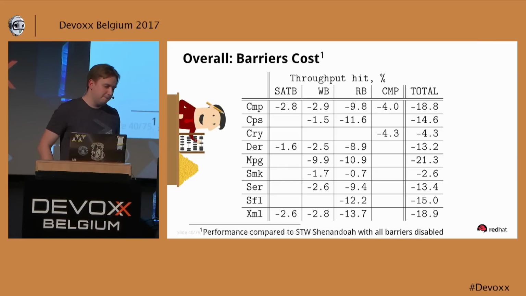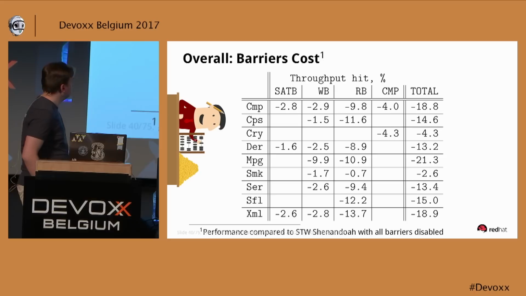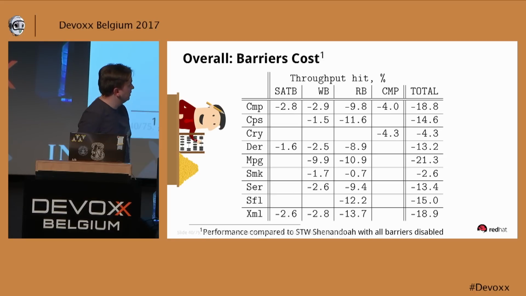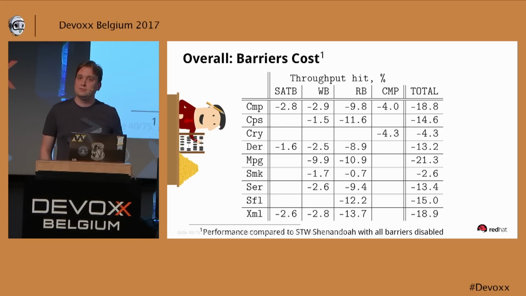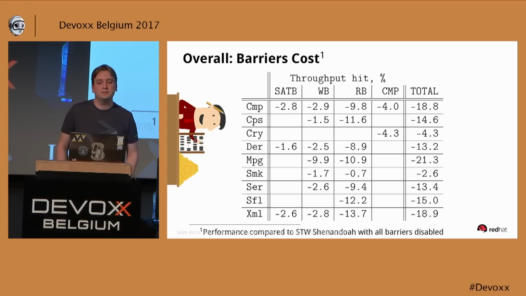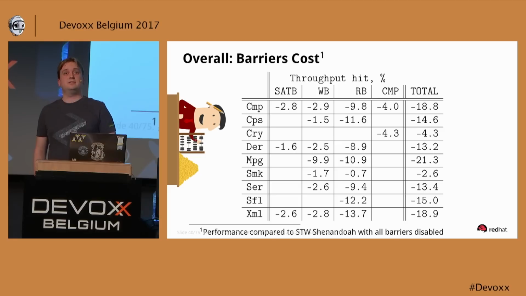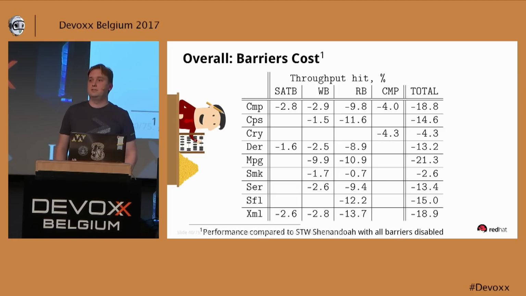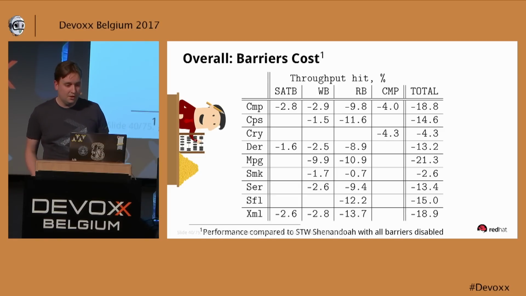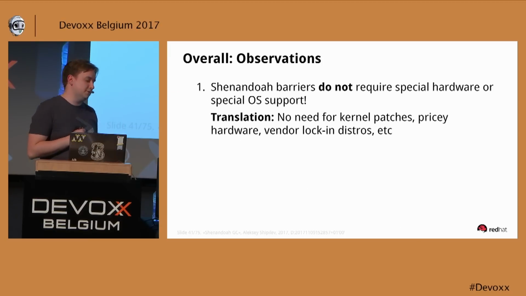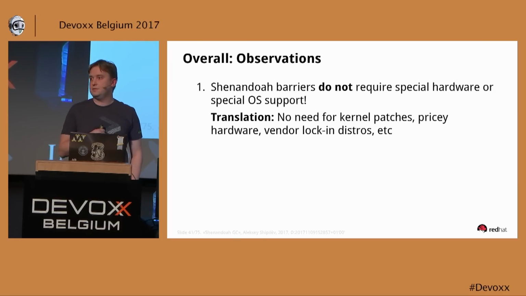So in total, if you just count the barriers overhead, the throughput overhead for such a collector would be in the realm of 1 to 20%. And that's the cost that you pay for diminished pauses. But the observation about this is this scheme does not really require anything special from the hardware or the operating system.